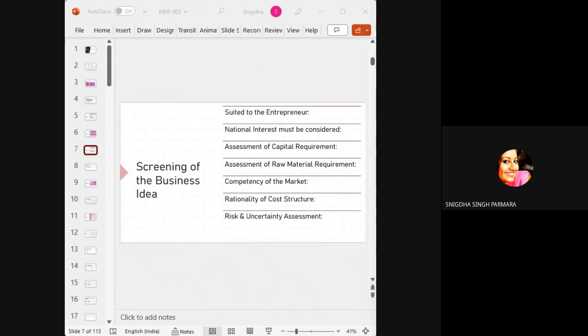Rationality of the cost structure. Generally, it is expected that the cost structure of business ideas should be very balanced, so that there is scope of earning an adequate amount of profit. To figure out whether an adequate amount of profit can be earned from a certain business idea, a few things are considered.